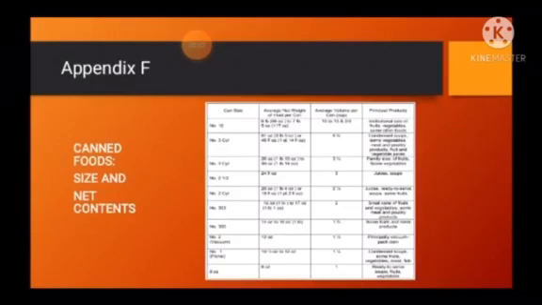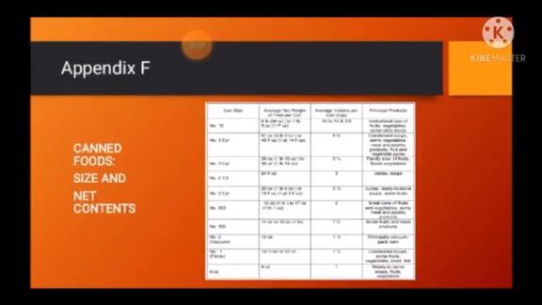Can size number 3 cylinder: its average net weight is 51 ounces and its average volume per can is 5 3/4 cups. Its principal products are condensed soup, some vegetable, meat and poultry products, fruit and vegetable juices.